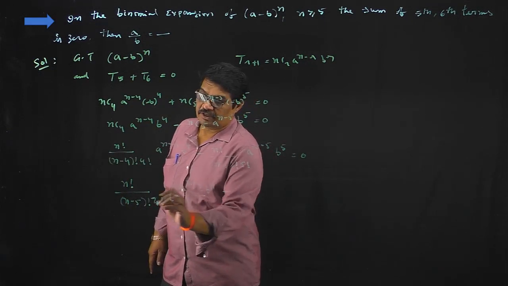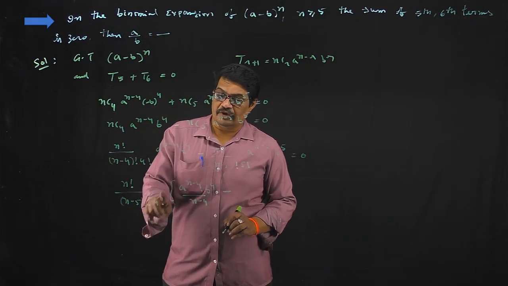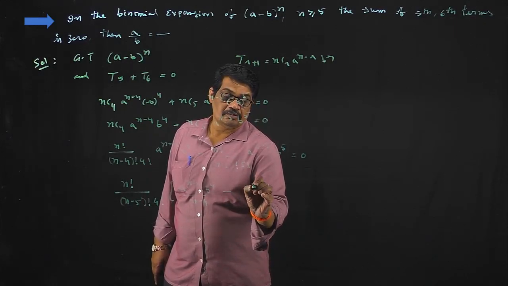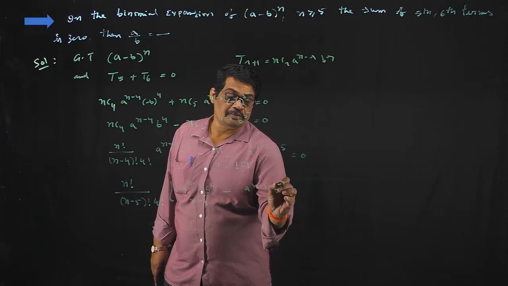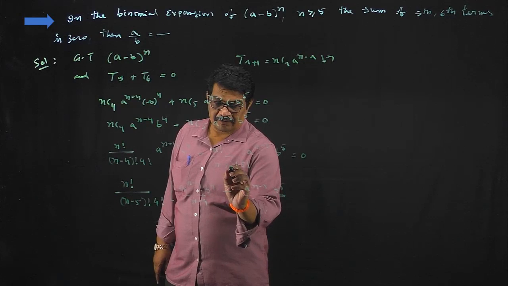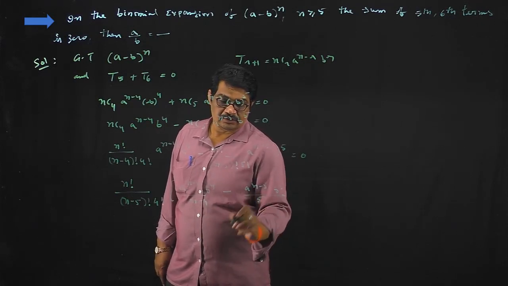So (n minus 5) factorial is common, and 4 factorial is common. Then the remaining terms are a power n minus 4 into b power 4 by (n minus 4), minus n factorial common, a power n minus 5 into b power 5 by, here (n minus 5) factorial is common, and we get only 5.